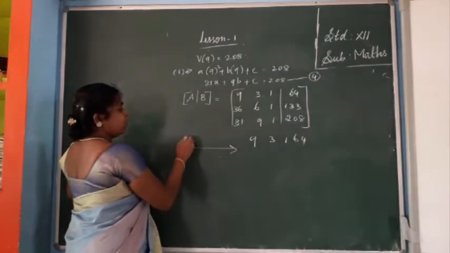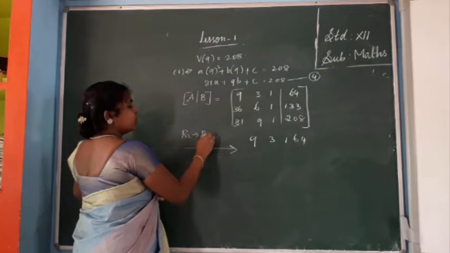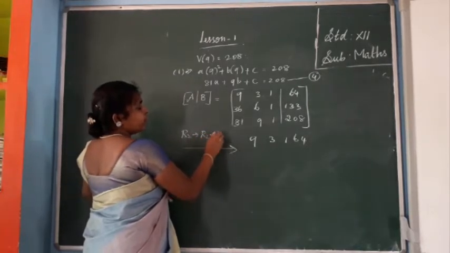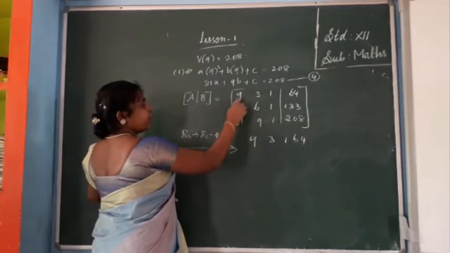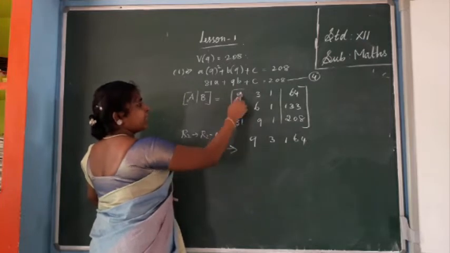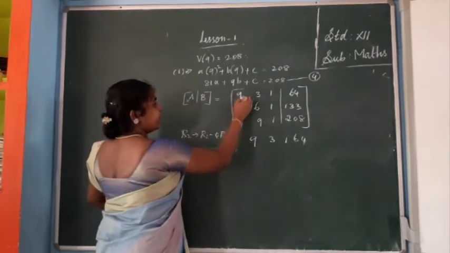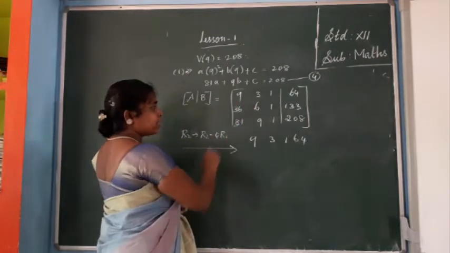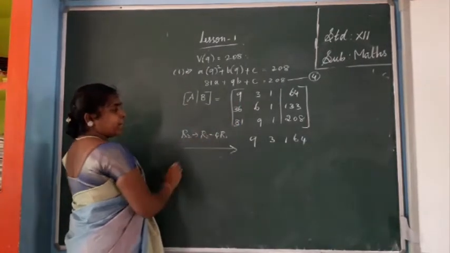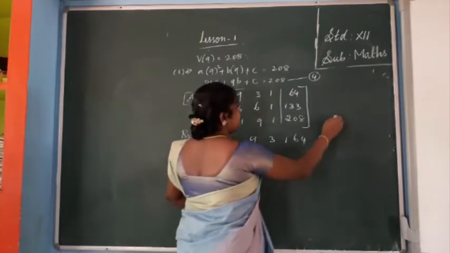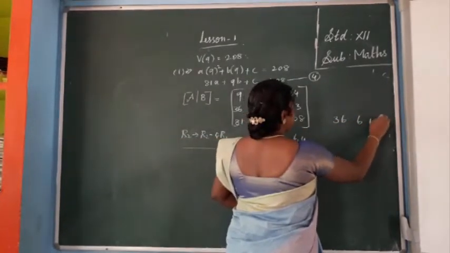In the second row, R2 gives R2 minus 4R1. I am writing 4 because 4 9s are 36, and 9 4s are 36. Then only you will get the same elements that we can eliminate, so the same symbol, that's why minus. So R2 is 36 6 1 133.